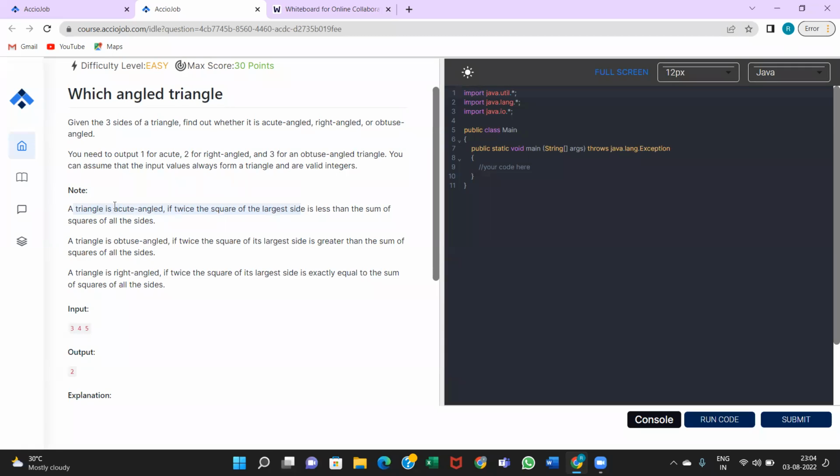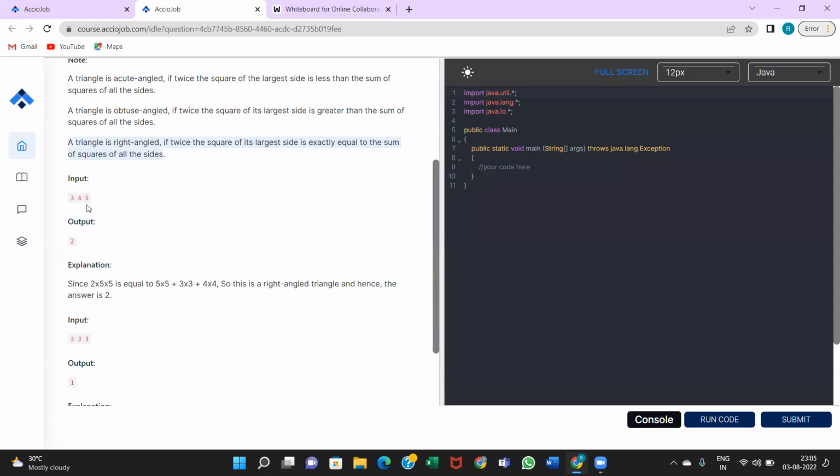They're saying that a triangle is acute if twice the square of the largest side is less than the sum of the squares of all the sides. For obtuse, if twice the square of the largest side is greater than the sum of squares of all the sides. And a triangle is a right angle if twice the square of the largest side is equal to the sum of squares of all the sides.